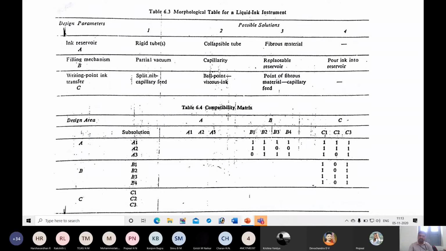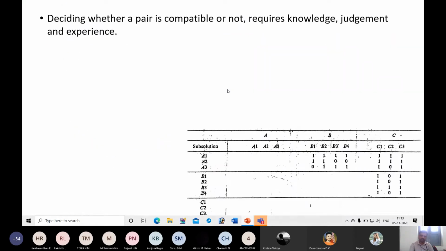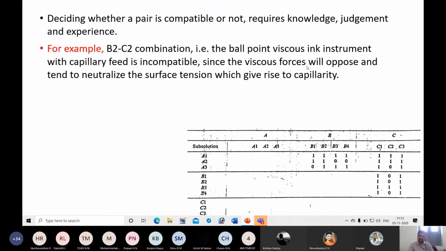That is the reason you cannot see ink rising through the refill when you keep the nib of the ballpoint in the ink. It doesn't happen because the viscous forces oppose and tend to neutralize the surface tension which gives rise to capillarity.